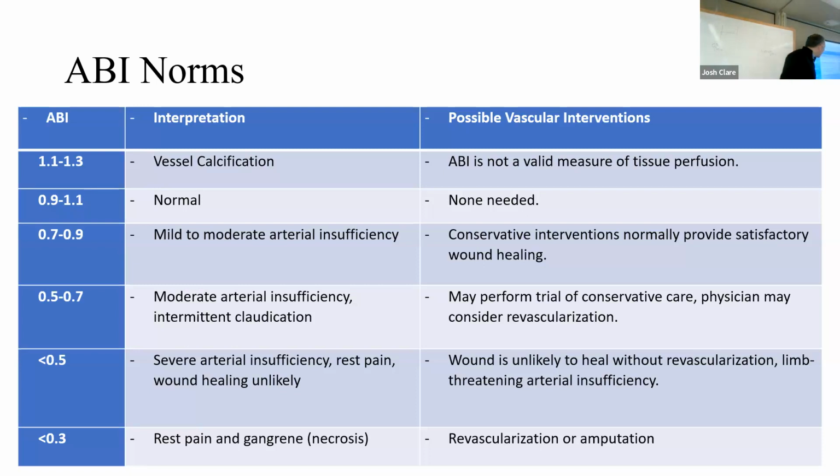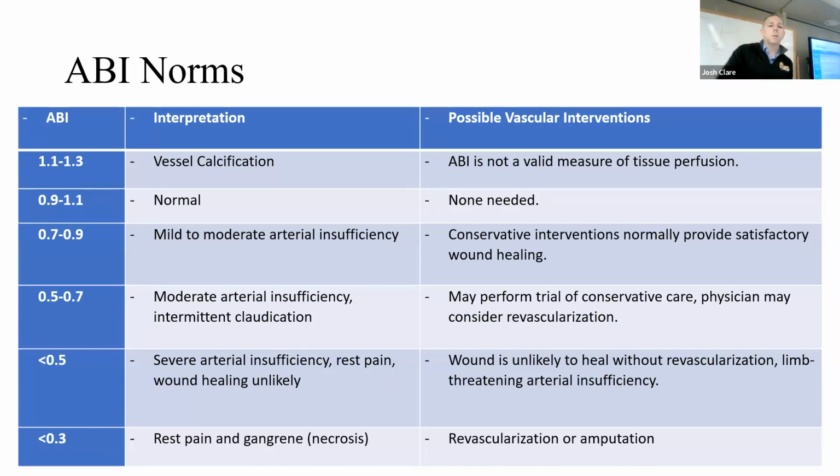So 0.7 to 0.9, mild to moderate. Conservative methods will probably help. This wound will probably heal, just might take a long time. We got to be really careful. 0.5 to 0.7, moderate. Patient likely has intermittent claudication. Trial of conservative methods, but some sort of surgery, revascularization surgery, is in the mix.